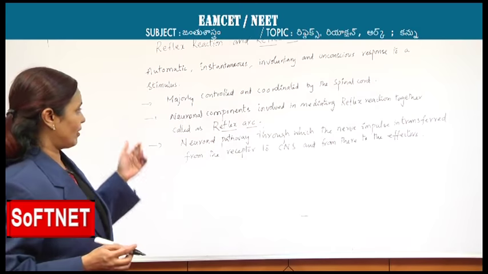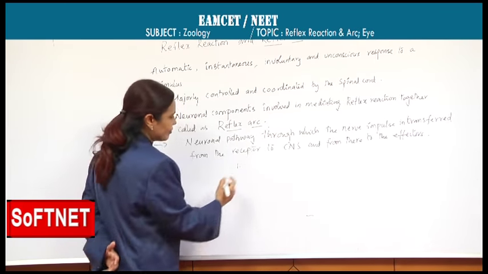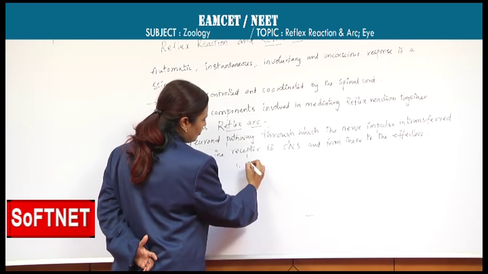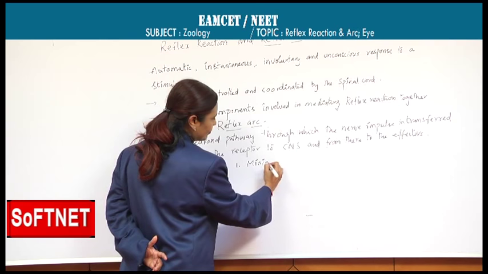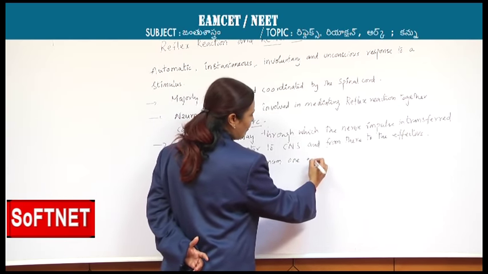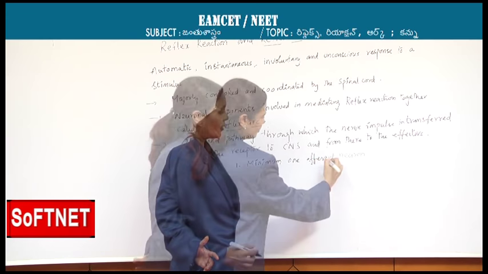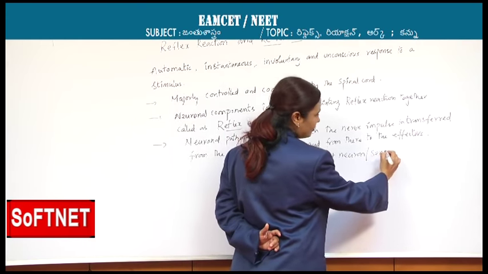involved in this reflex arc? They are, number one, minimum or at least one afferent neuron, otherwise nothing but sensory neuron.